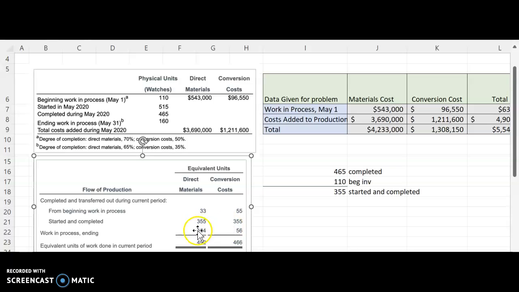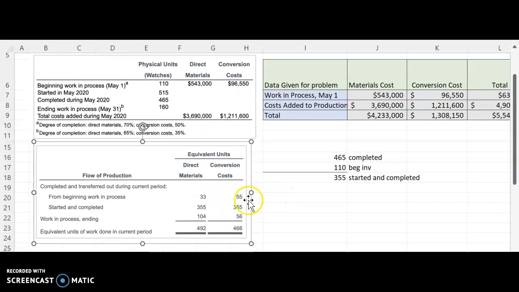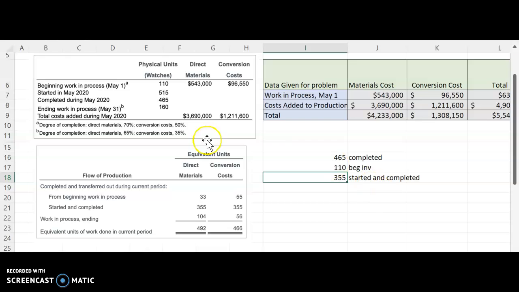That's how many we started and completed. And that's the only way that I would explain it there, is take out the ones that are going to go first. We don't want those to be included in started and completed because they were already there at the beginning.